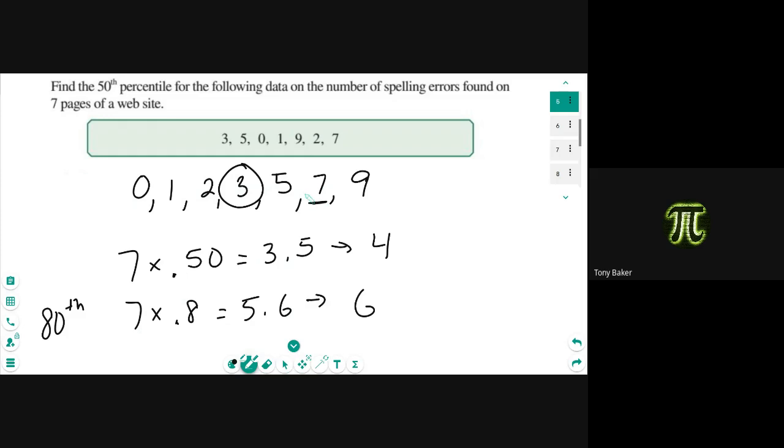So that would be my 80th percentile. Okay. Does that make sense? Okay.